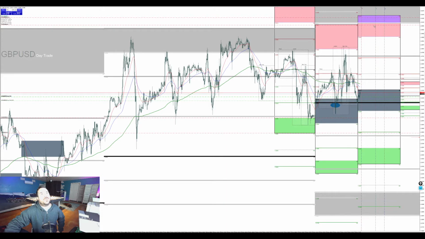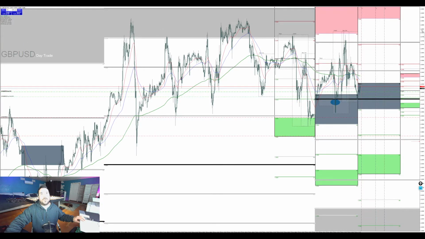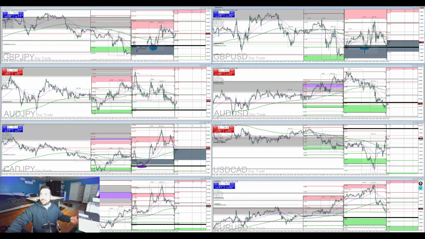Let's go ahead and adjust that one up as well. Very good. And I'll add that one in my book as a pending order. This one's going to be 8182. Day trade.